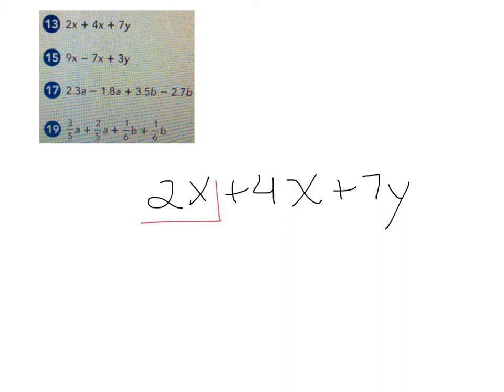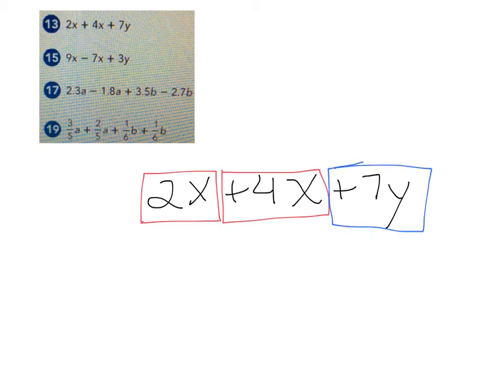All right, so we've got a number of problems here that we're going to be working on. Let's first look at 13. Notice there's 2x plus 4x plus 7y. I know that the 2x and the 4x can be combined, but the 7y cannot be combined with those because it's a different letter.